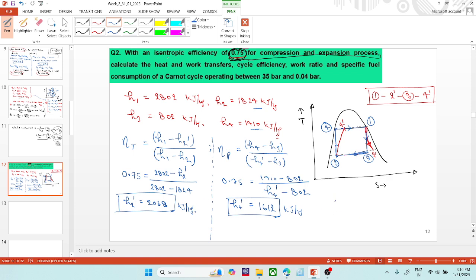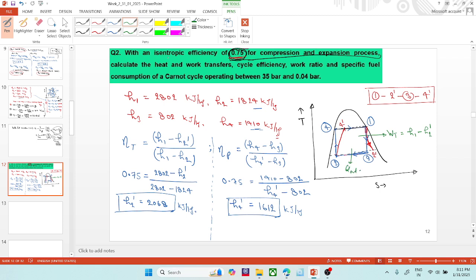Next, we can write different heat exchanges and the work done. So this is the actual work done. Here WT would be H1 minus H2 dash.